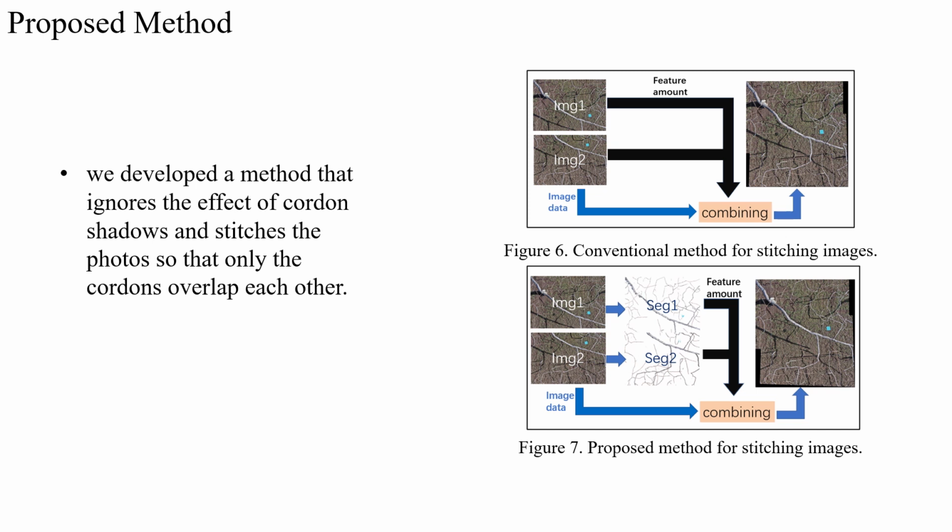Next, we apply the feature points for cordons extracted from SEG1 and SEG2 to IMG1 and IMG2 for the image stitching process. This innovative method effectively eliminates the impact of cordon shadows on image stitching, ensuring seamless stitching of cordons at the edges of the images.